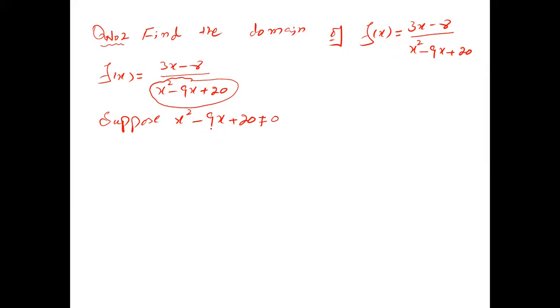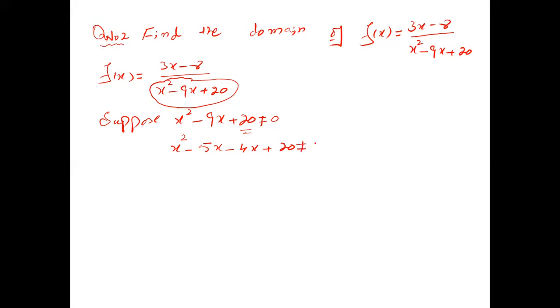So better if you factorize it. We have to make the factors of 20. When we multiply the factors, it should be 20, and when we add, it should be minus 9. So factors will be 5 and 4. So simply write x square minus 5x minus 4x plus 20.